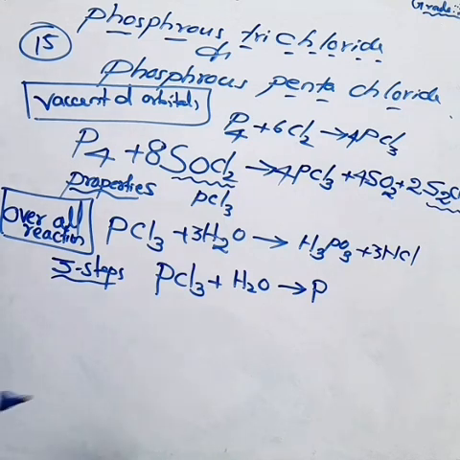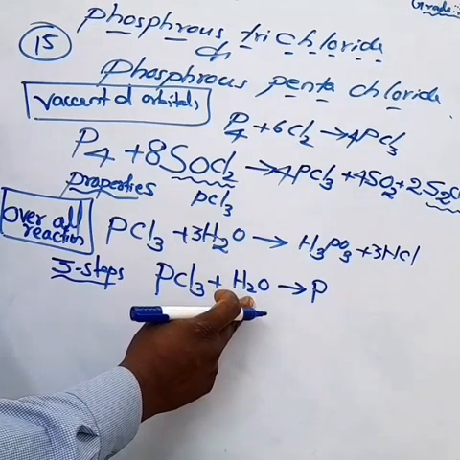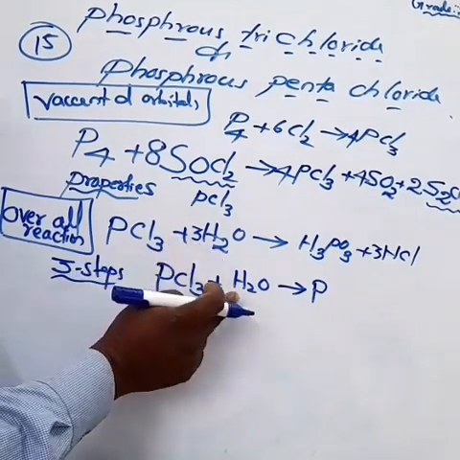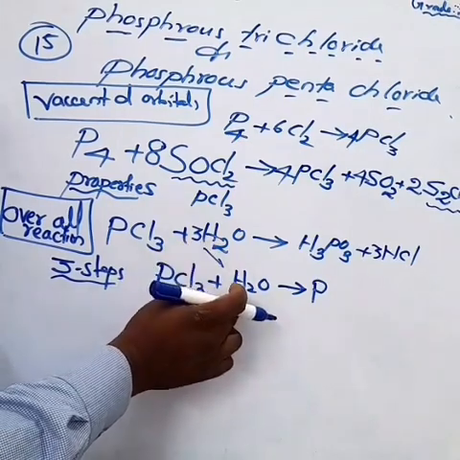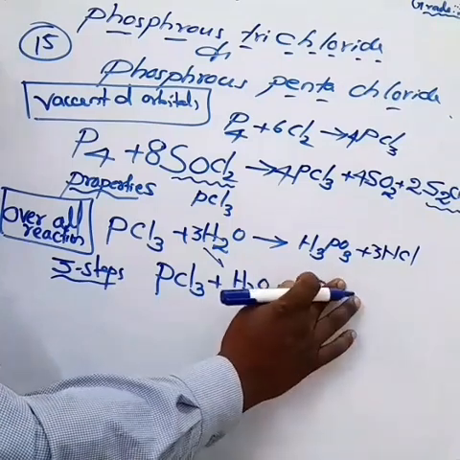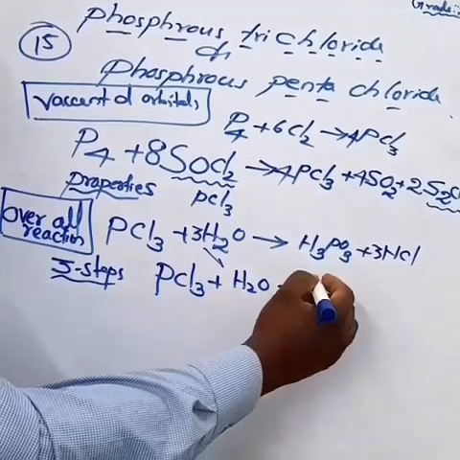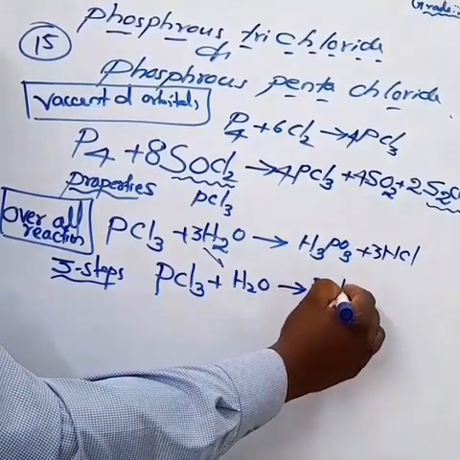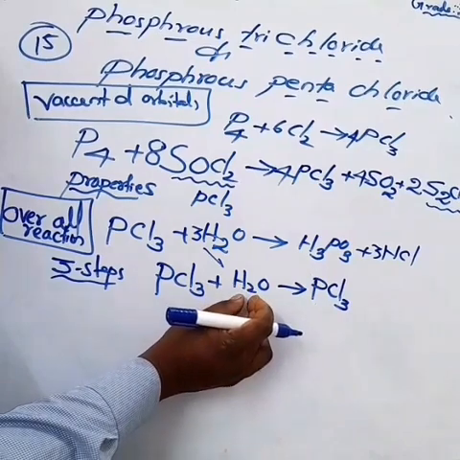Phosphorus trichloride reacts with the first molecule of water, H2O. We get one of the hydrated products of phosphorus trichloride. Hydrate means, don't forget, that there is water.